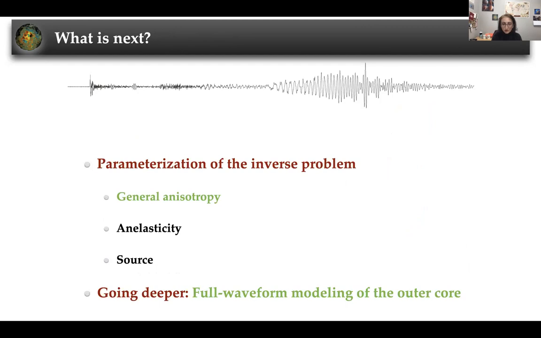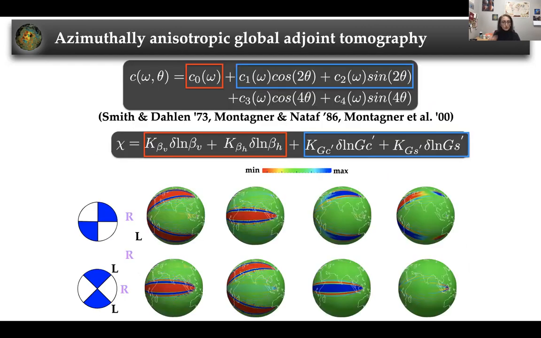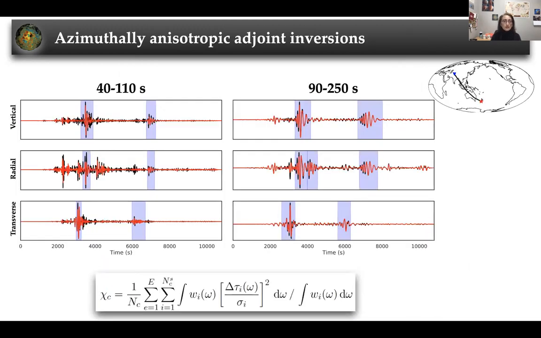Okay, so I would like to now talk about what we are doing next, very briefly. After this, we decided to include azimuthal anisotropy in the upper mantle in our inversions. To this end, we are assimilating data from only surface waves, using minor arc and major arc surface waves.